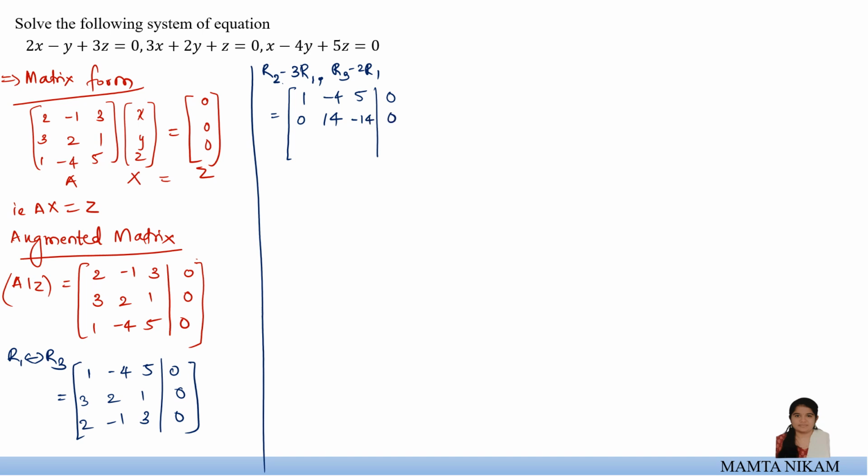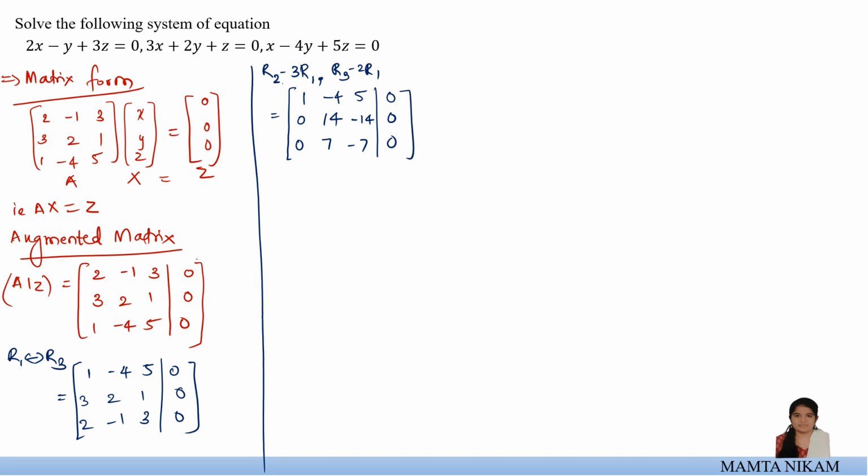Third row, R3 minus 2 R1, so 0 minus 1 minus minus plus 4 2s are 8, so ये होगा 7, then this is going to be 3 minus 10, so this is minus 7 and 0.